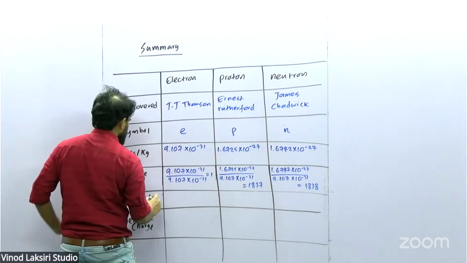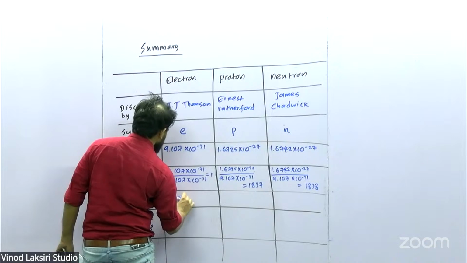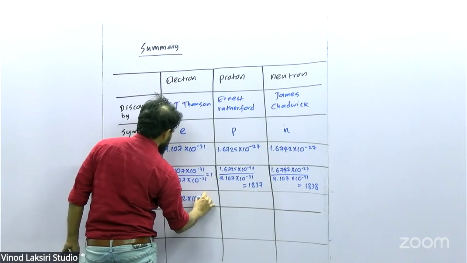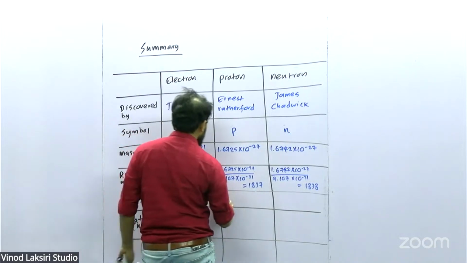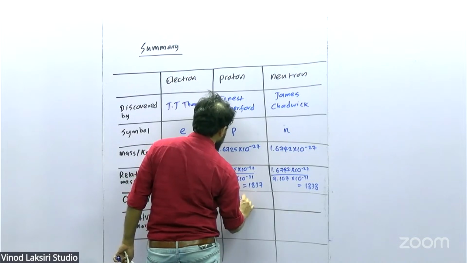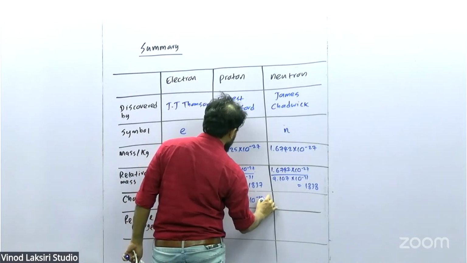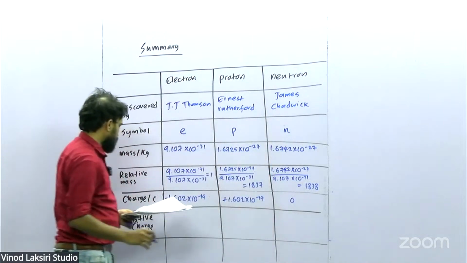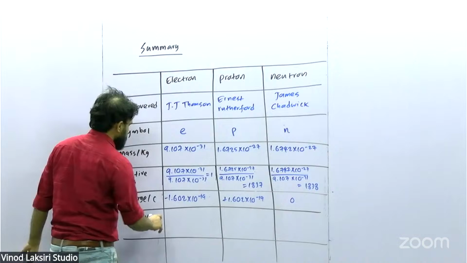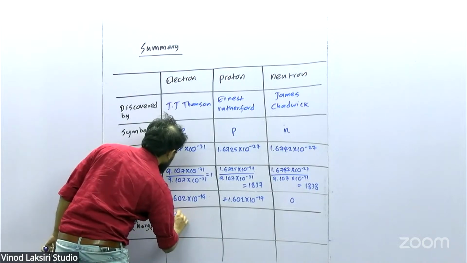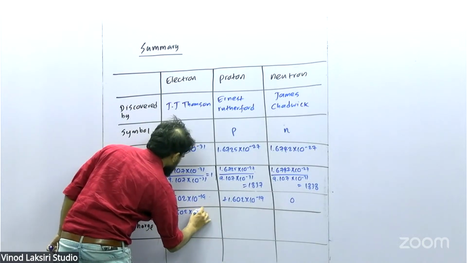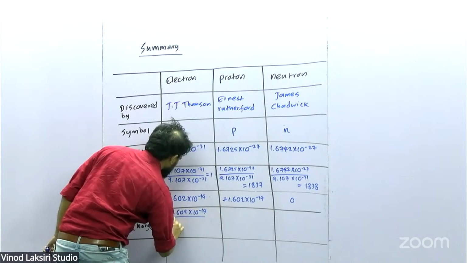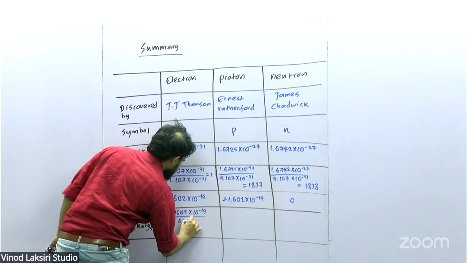Then the charge of electron is minus 1.602 into 10 to the power minus 19 Coulomb, and this is plus 1.602 into 10 to the power minus 19 Coulomb. And the charge of neutron is 0. Then how do you determine the relative charge? The charge of electron should be divided by the charge of proton, plus value. Then what is the answer? Minus 1.